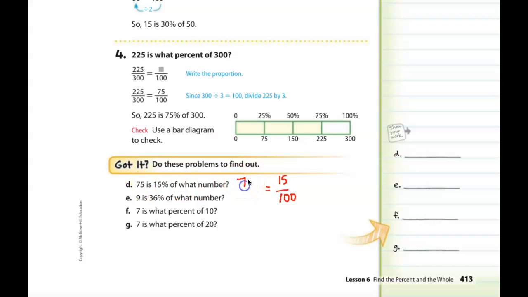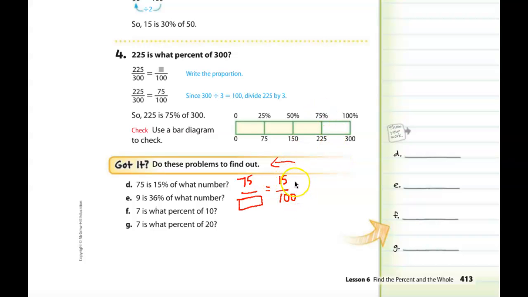It says 75 is 15%, so it's across from the 15 of what number? We do not know this bottom number. Okay, so we have to figure out, okay, what can I do to 75 to make it a 15? Or I can think backwards. 15 times what is 75? So let's see. I can simplify this.